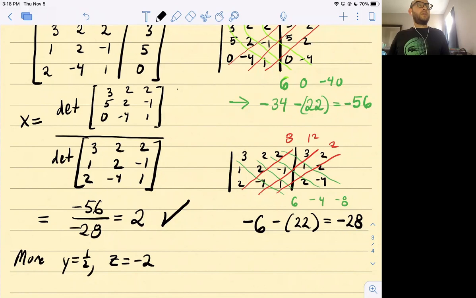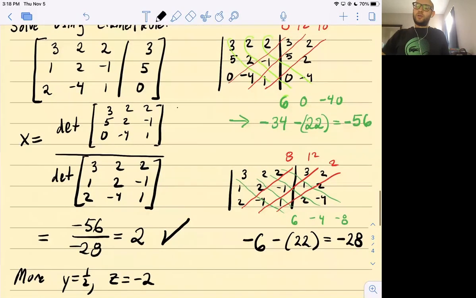You did the Candy Crush method? Oh, okay. So which did you get? So you're okay with these matrices? You got 24 for which one? For the denominator or the numerator? Okay, yeah. Be careful.